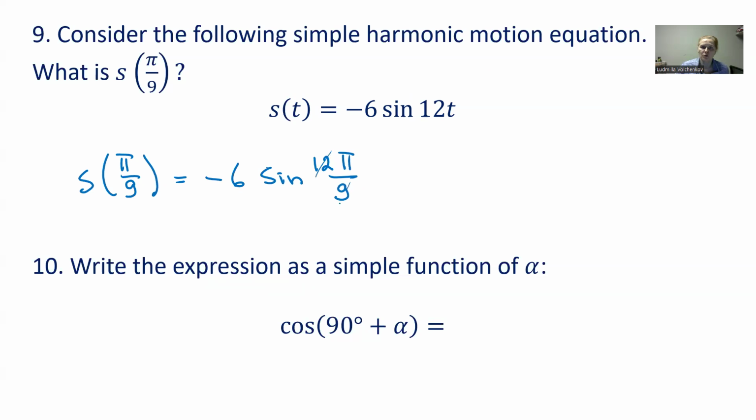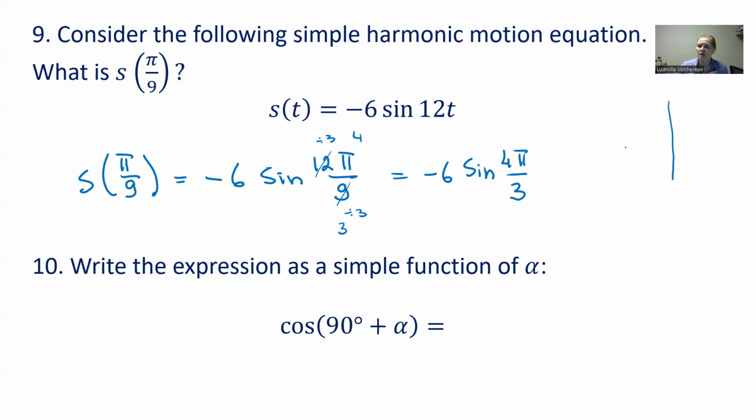We can divide numerator and denominator by 3. So -6 times sine of 4 pi over 3.